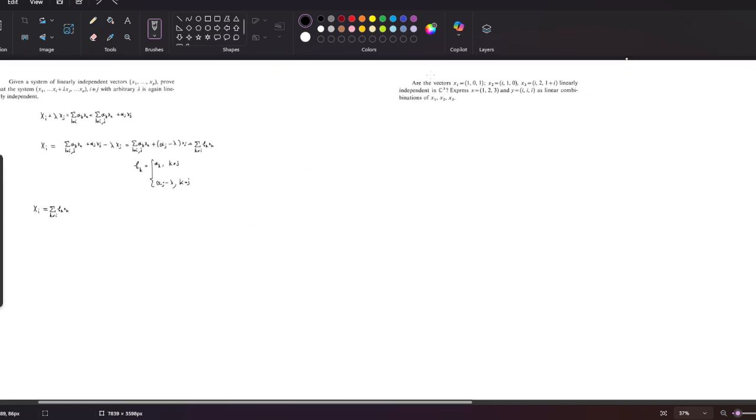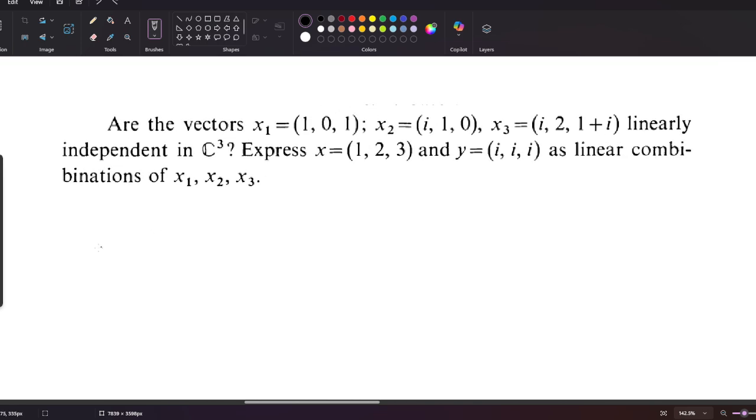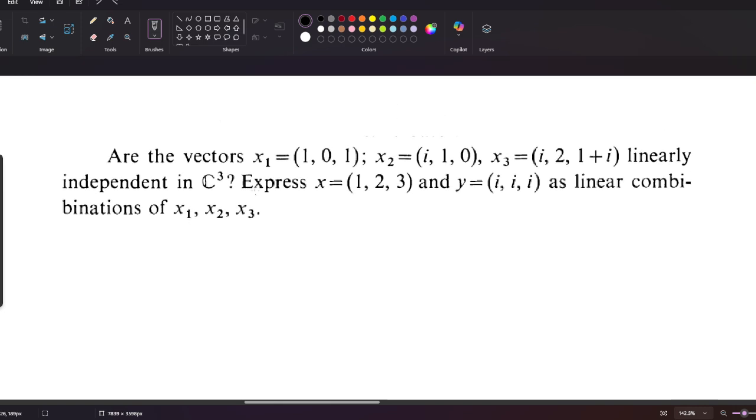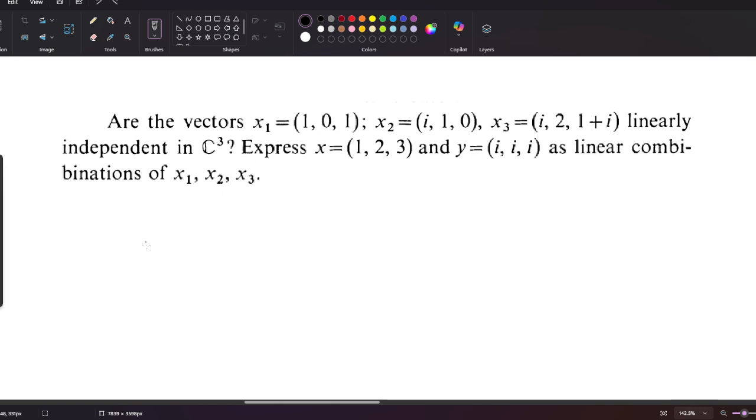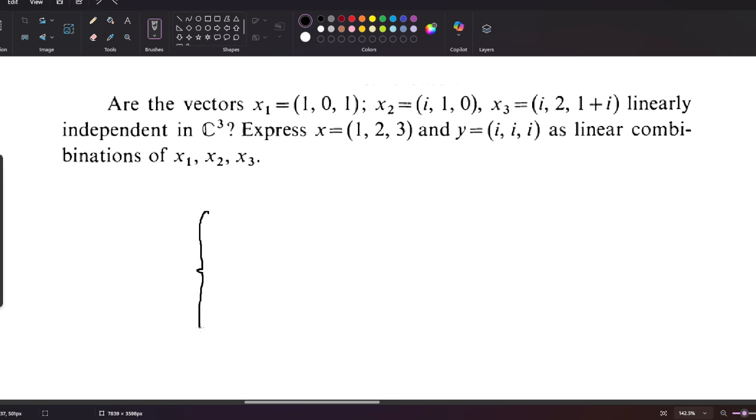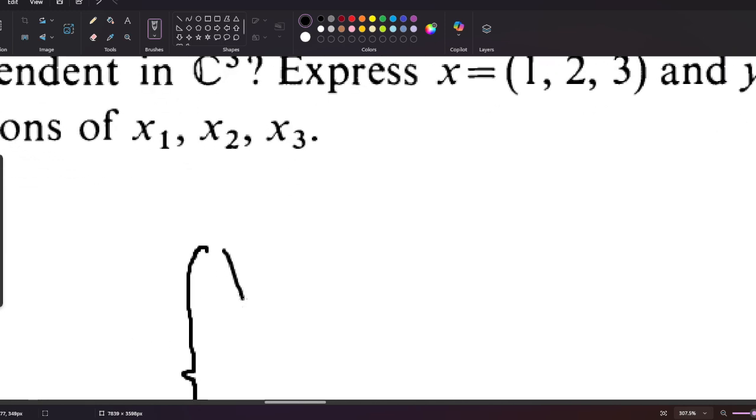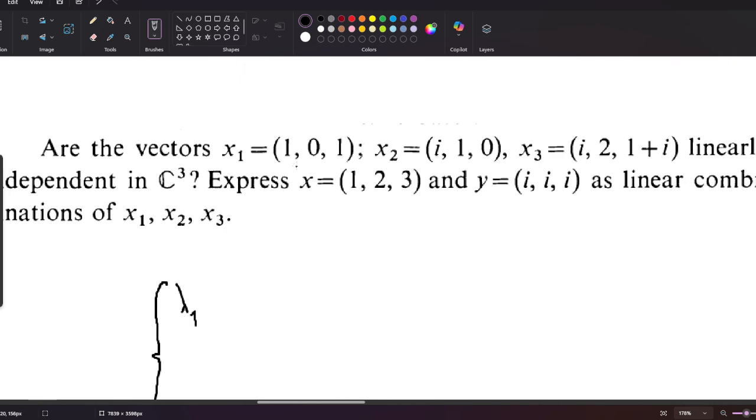Okay, cool. Now here, we have vectors x1, x2, x3. We have to answer whether they are linearly independent and then we have to express this triplet as linear combinations of x1, x2, and x3. So let's begin by solving a system for lambda 1 here.